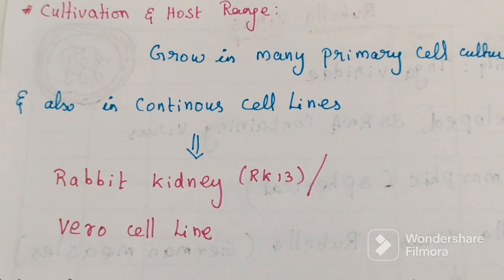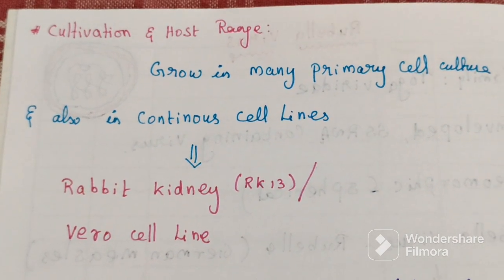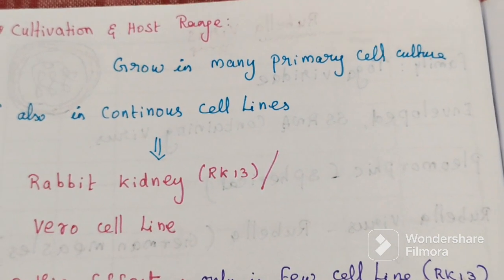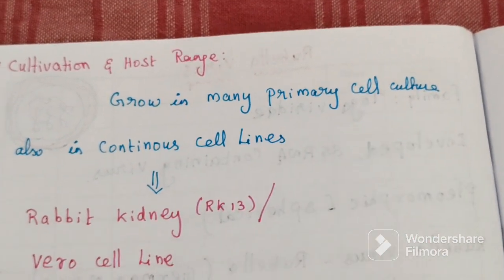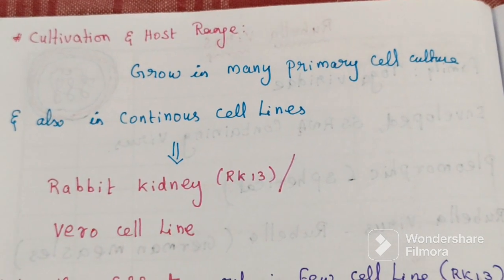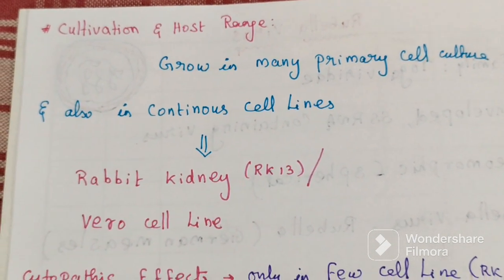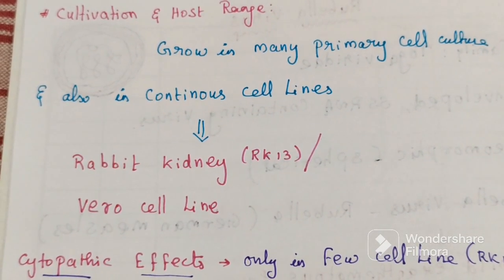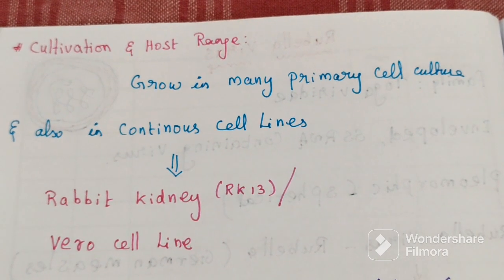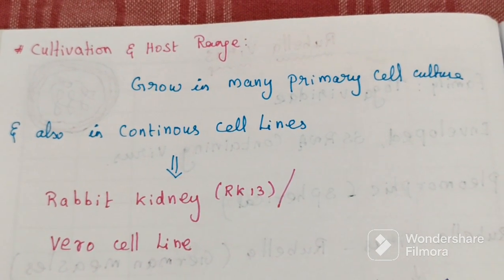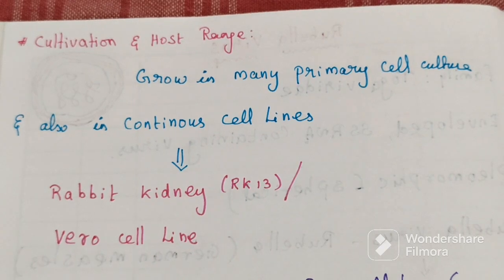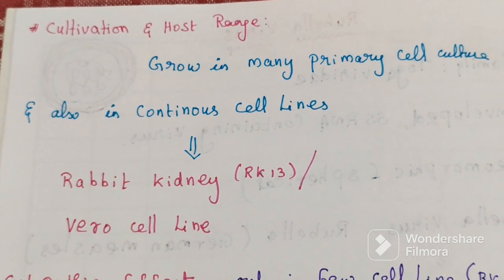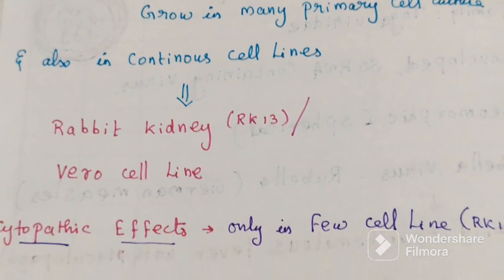Cultivation and host range of rubella virus. The rubella virus can grow in many primary cell cultures and also in continuous cell lines like rabbit kidney RK13 and Vero cell line.